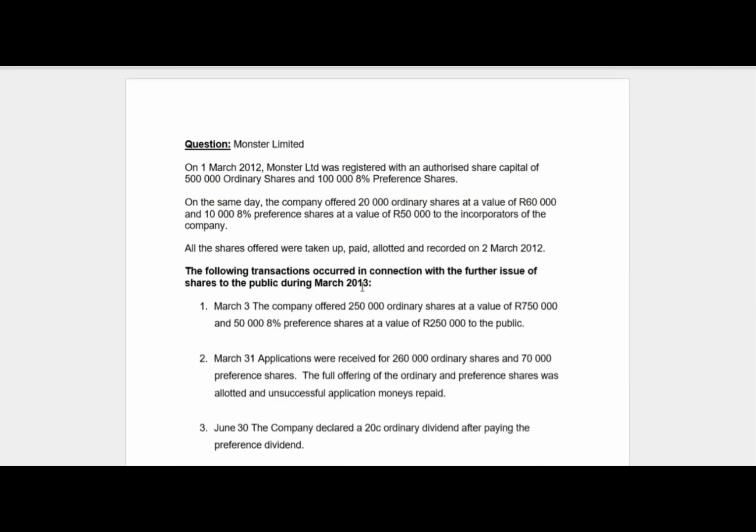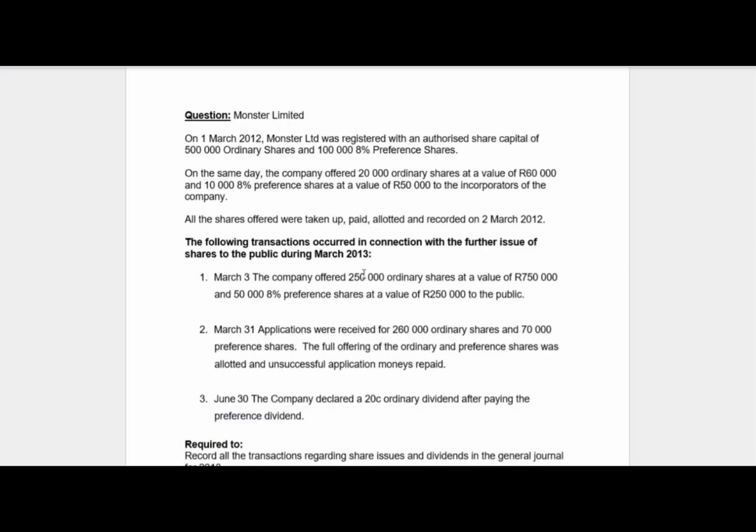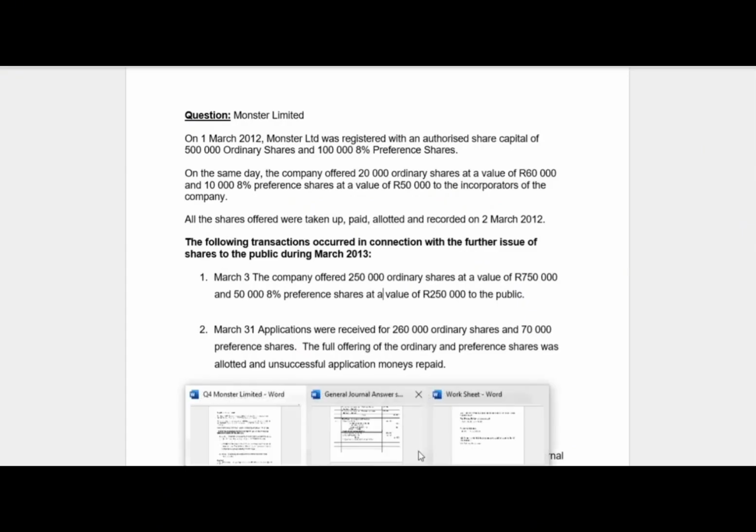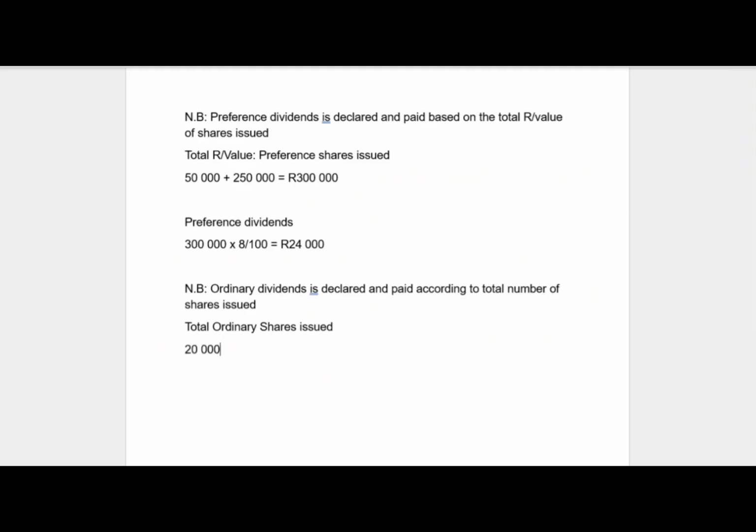On our question, we're going to take the opening shares issued plus the number of shares allocated during the year, which is 250,000. So the total number of shares issued is going to be 20,000 shares at the beginning plus 250,000 shares issued during the year, which is going to be 270,000 shares.